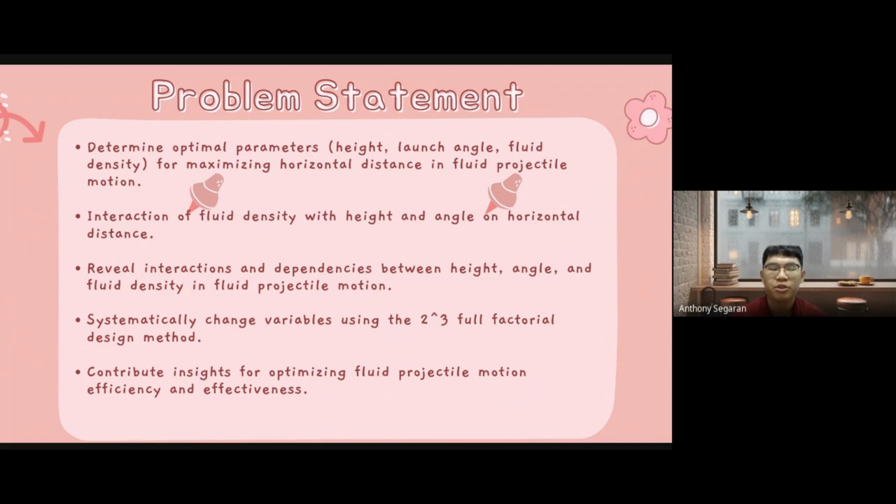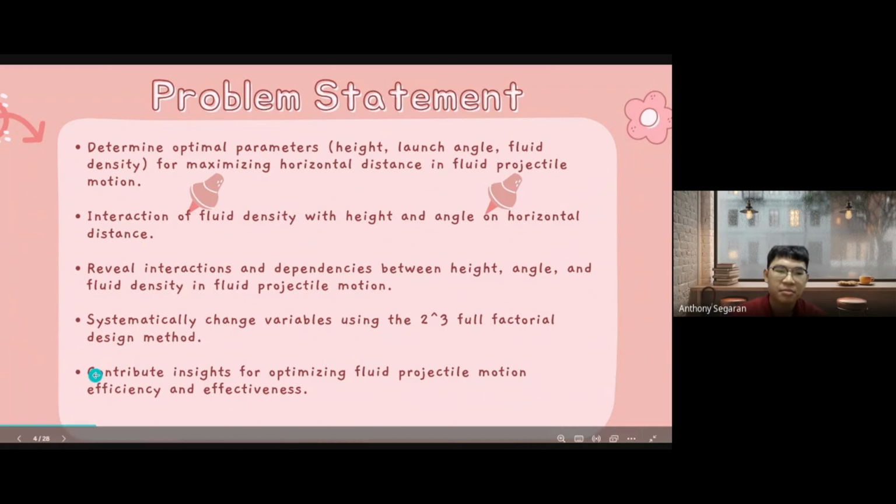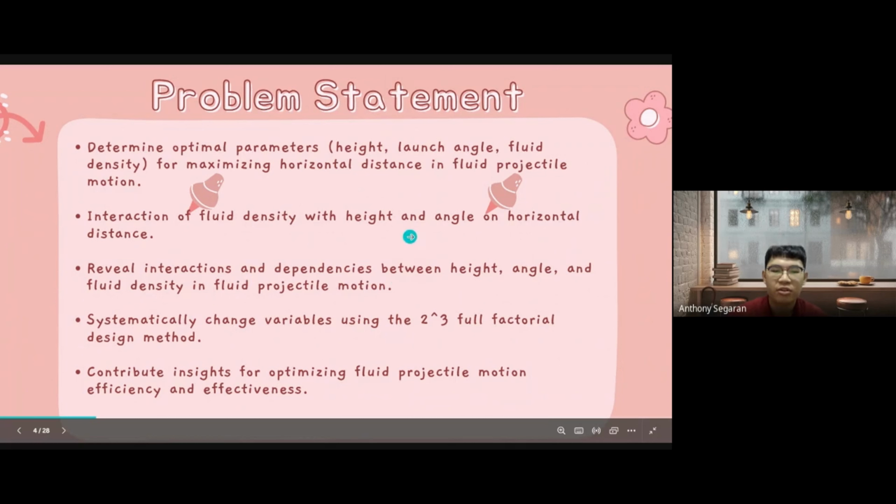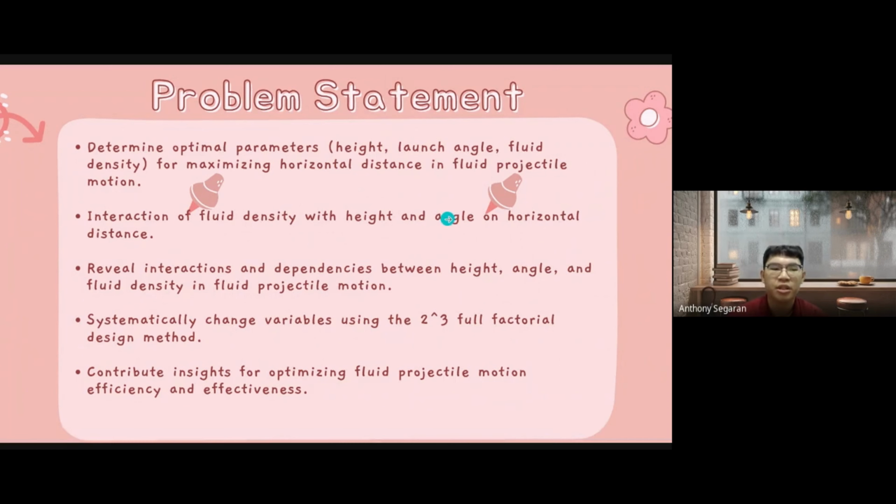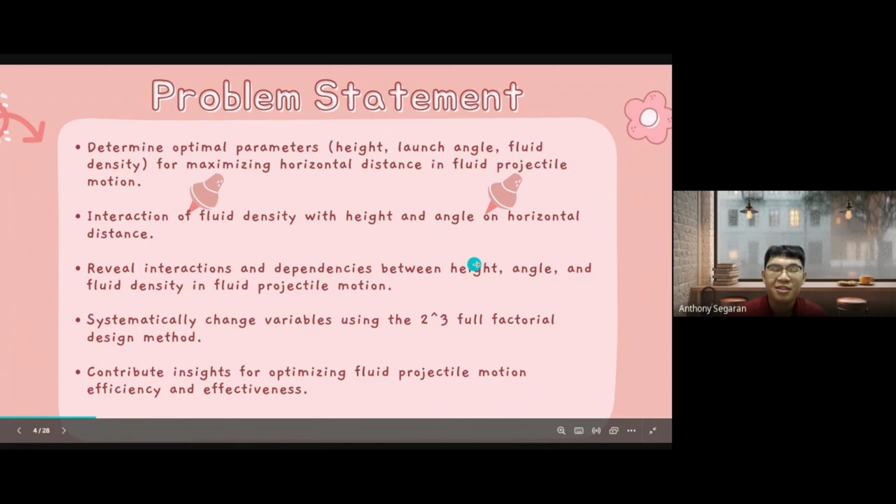Also, systematically change variables by using the full factorial design method. And last but not least, contribute insight for optimizing fluid projectile motion efficiently and effectively.